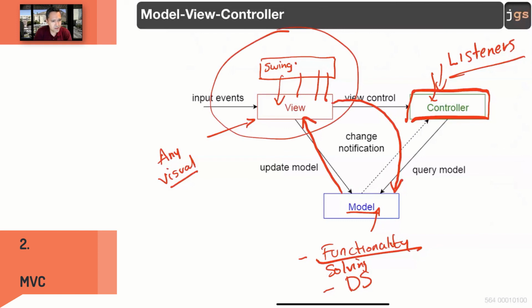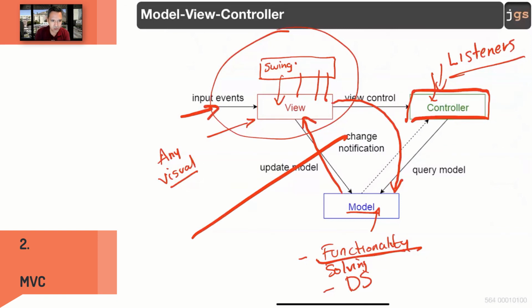The question is, do you have a method or an instruction related to functionality inside any of the classes that have some visualization? Do you have instructions for solving a problem inside one of the classes that inherit from panel? Do you have some functionality in the class that inherits from JFrame? If the answer is yes, something is missing here because you did not split the view from the model.